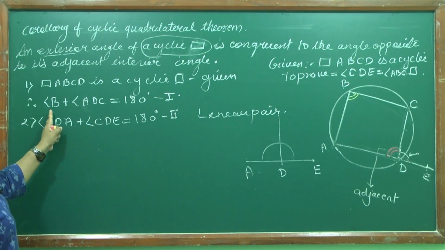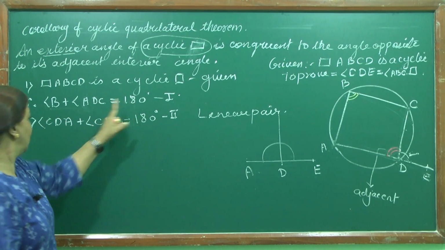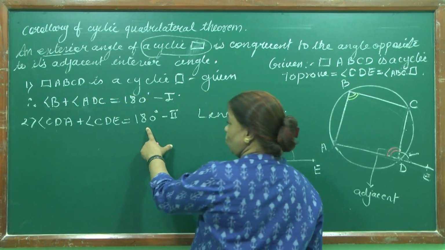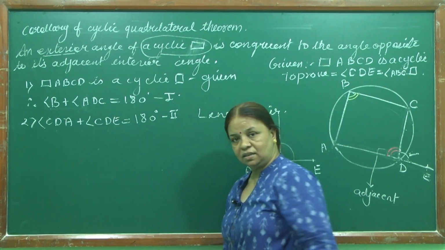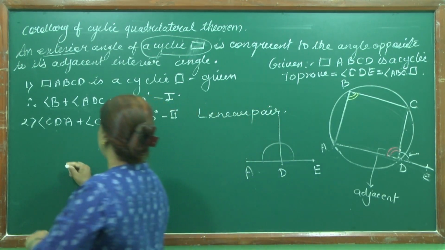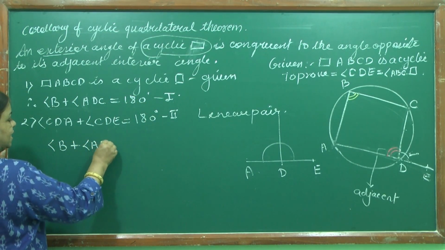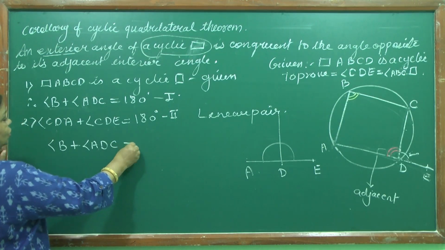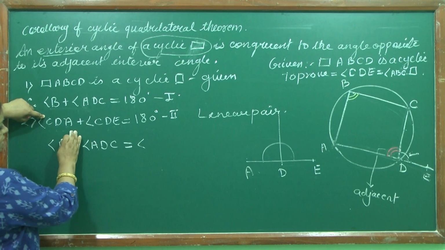Now see here, these two angles are equal to 180 degrees. These two angles are equal to 180 degrees. Can I make them equal to one another? Because both are equal to 180 degrees. So I can easily write angle B plus angle ADC is equal to angle CDA, which means nothing but ADC.